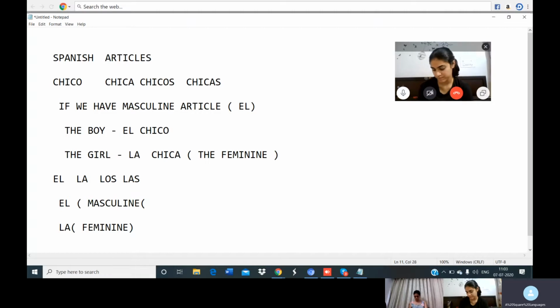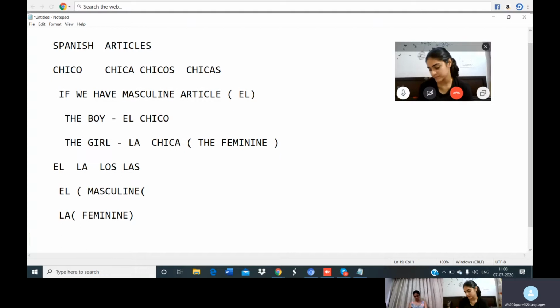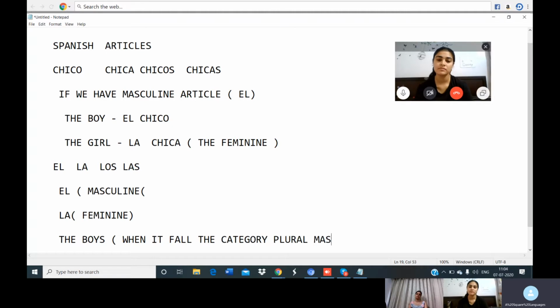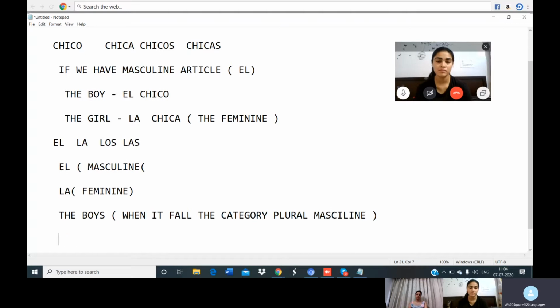If I'm saying the boys, because that can be a plural, the boys fall under the category of plural masculine, and plural masculine is los.